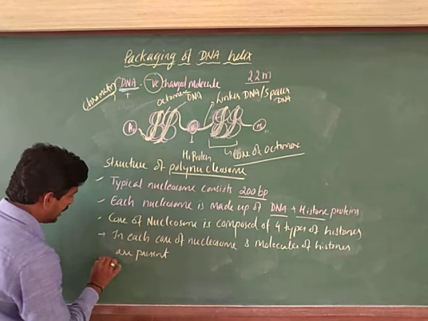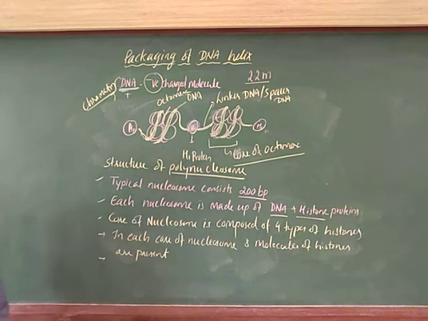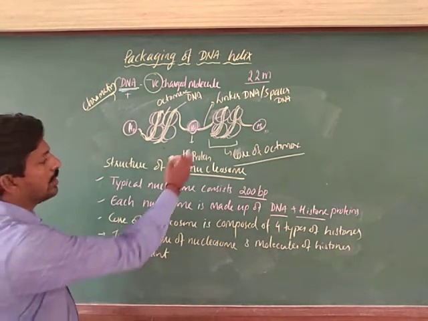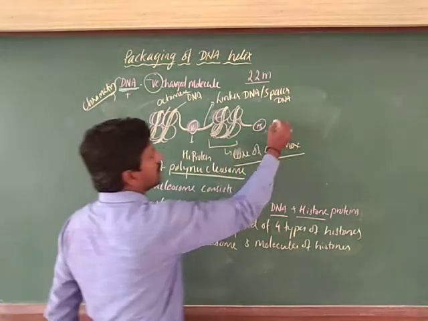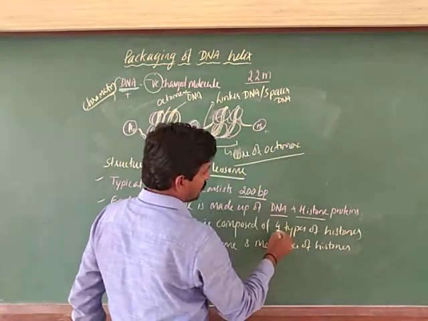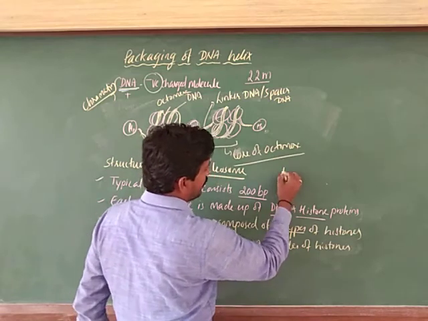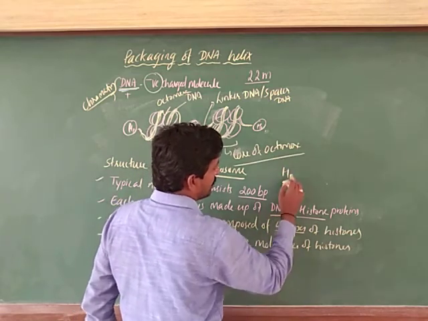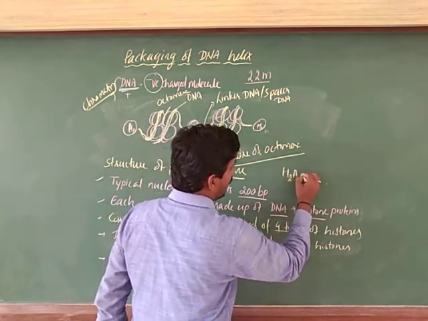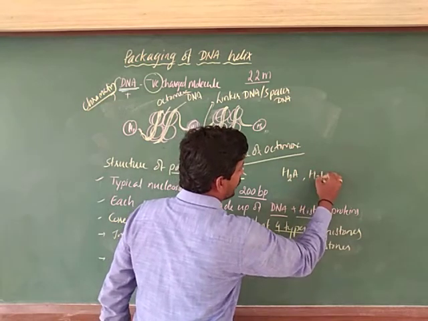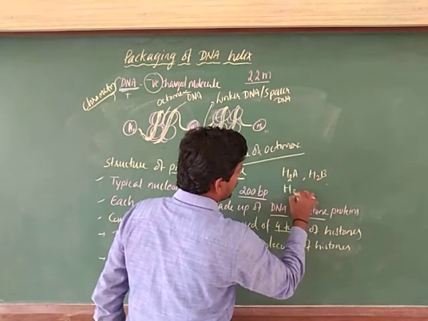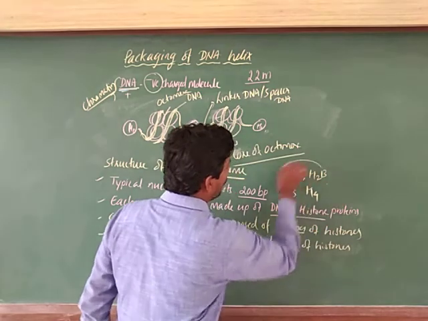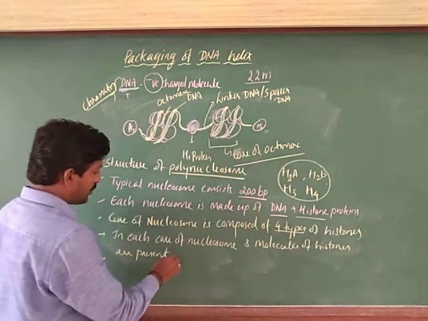Next, the types of histones. Already I have mentioned, no need to write here. What are the 4 types? H2A, H2B and H3, H4 are found in the core, and H1.